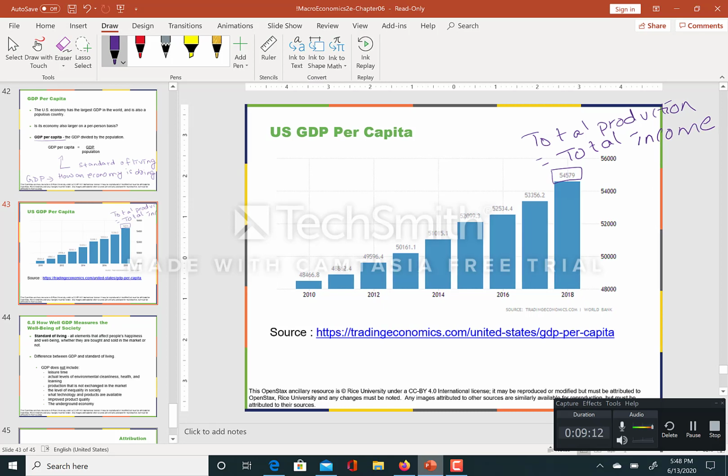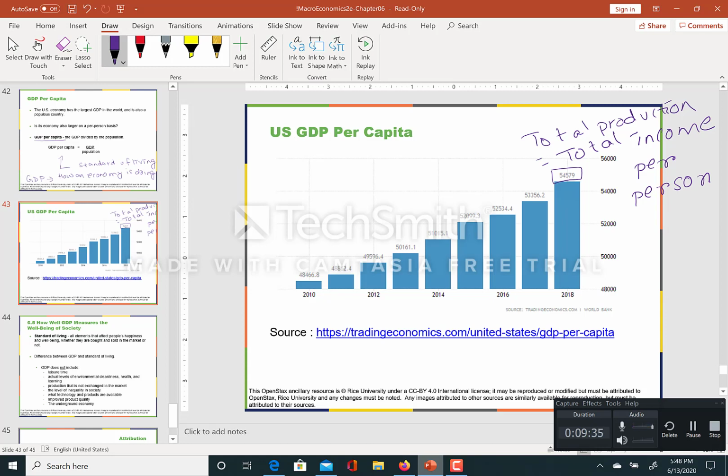This can be overstated for a lot of people, understated for also a lot of people. A lot of people are earning way over 54,579. A lot of people are earning way less than this amount.